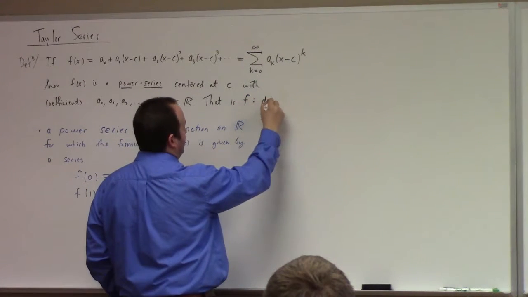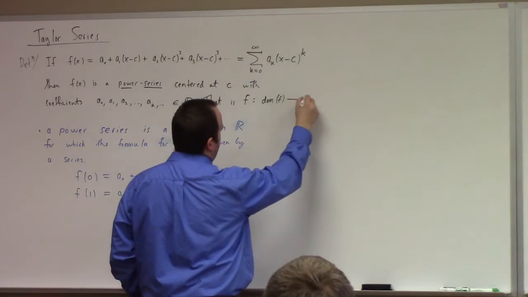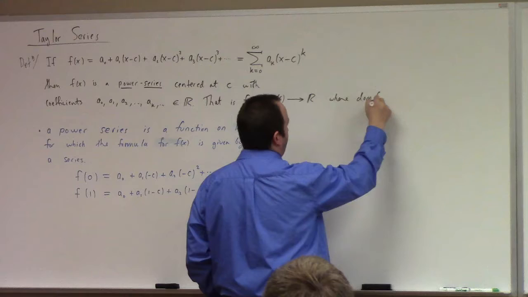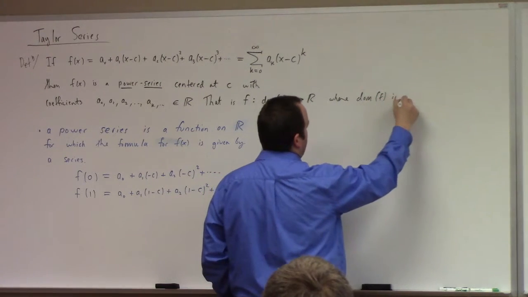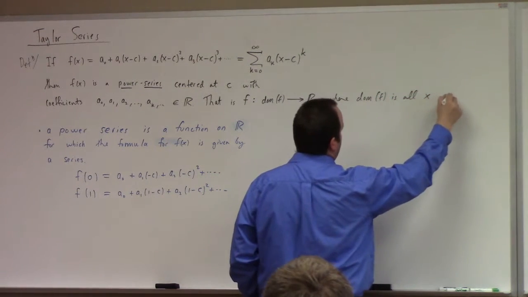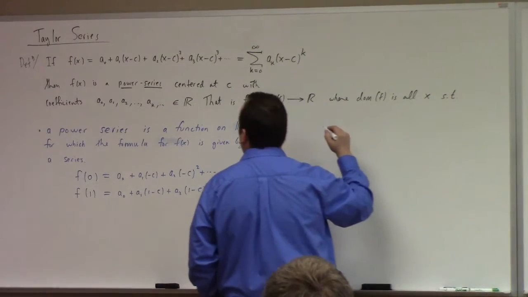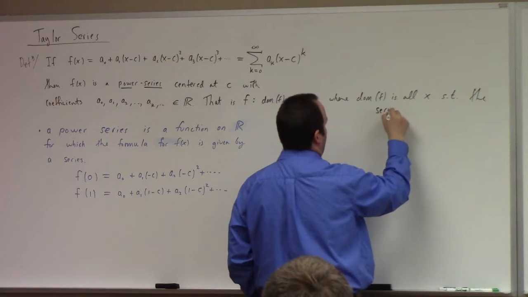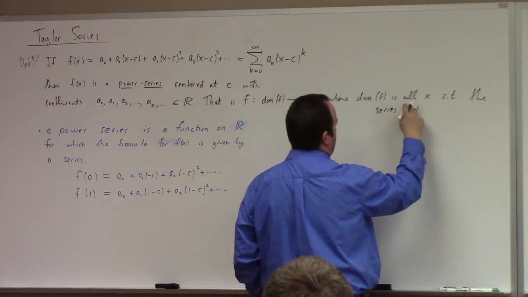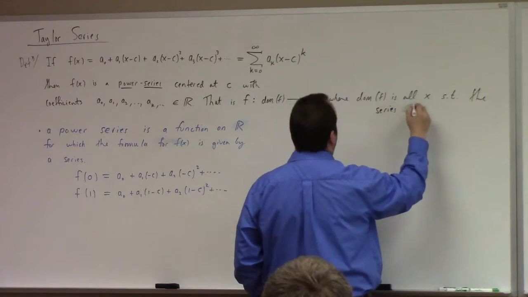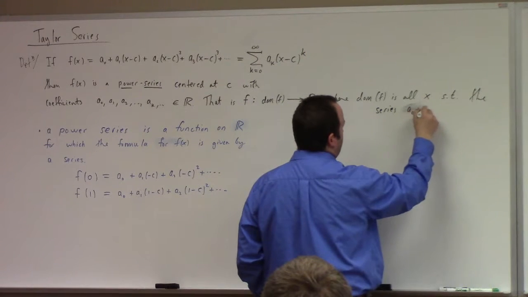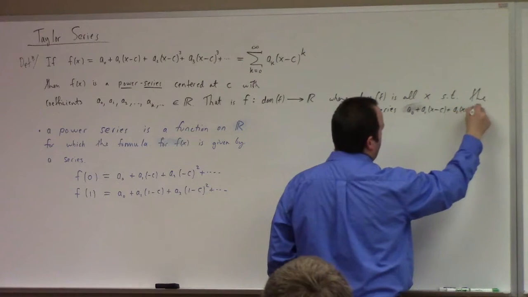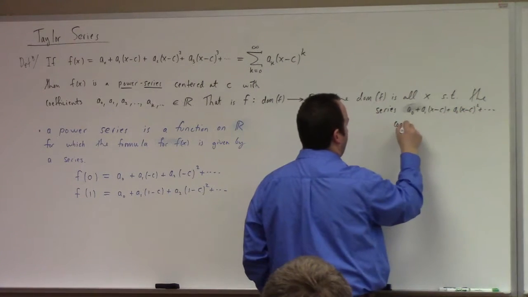So some domain for the function, to the reals, where the domain of f is all x such that the series a0 plus a1 times x minus c plus a2 times x minus c squared plus dot, dot, dot, dot, converges.